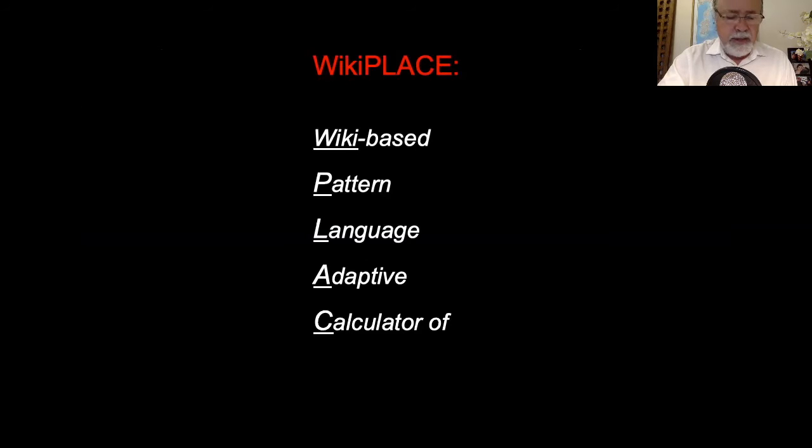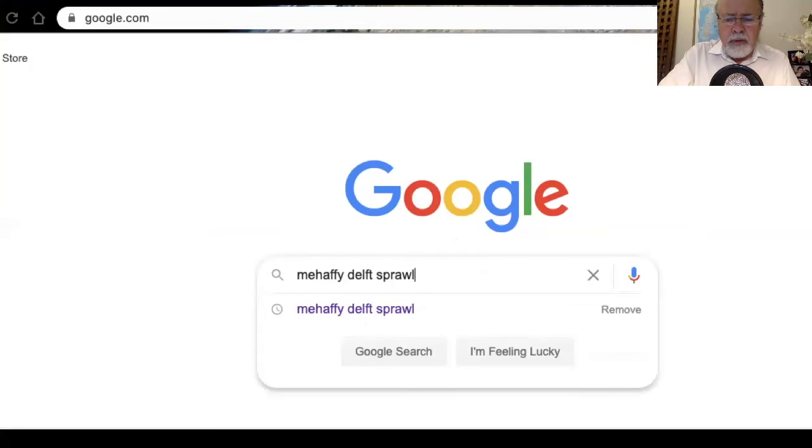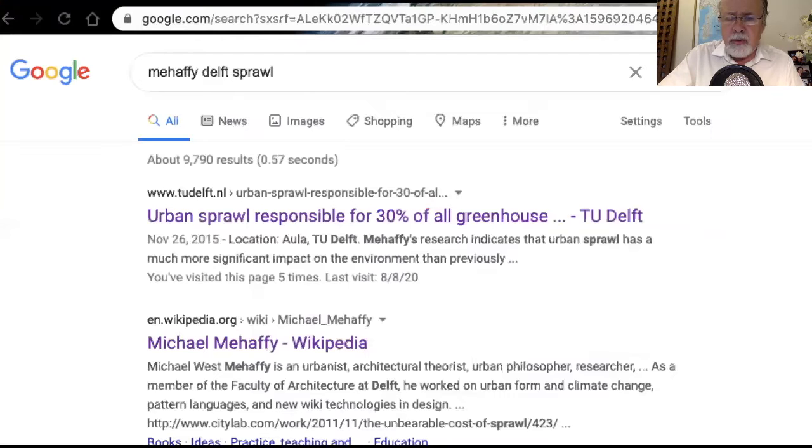And it uses the pattern language methodology that I think many of you are familiar with, as well as a new wiki format that allows new forms of modeling. Anyway, if you're interested, you can find more by Googling Mehaffy Delft Sprawl, and that will take you to the university site.